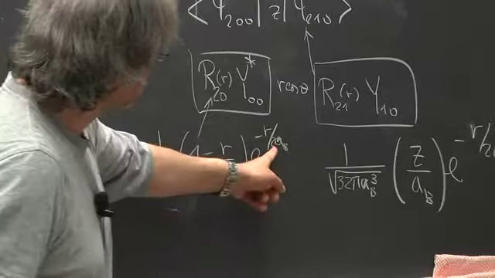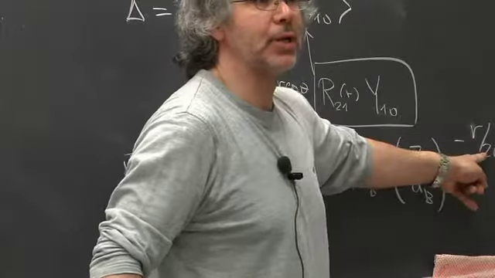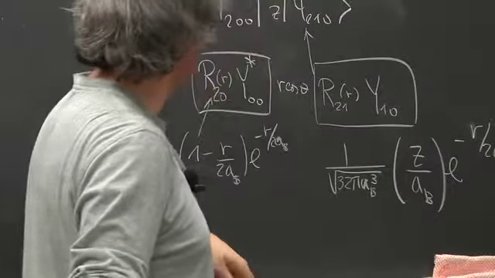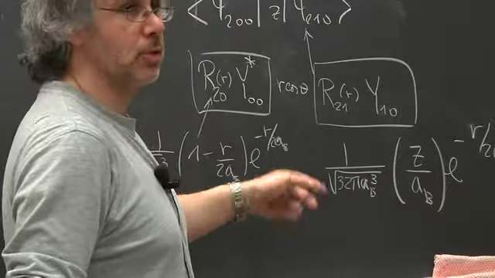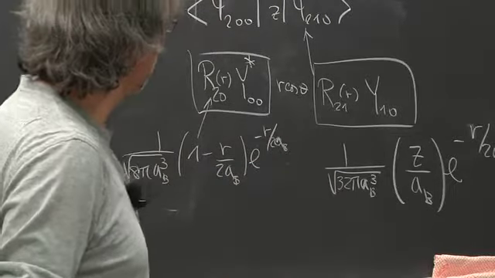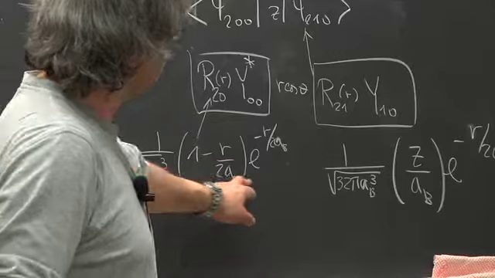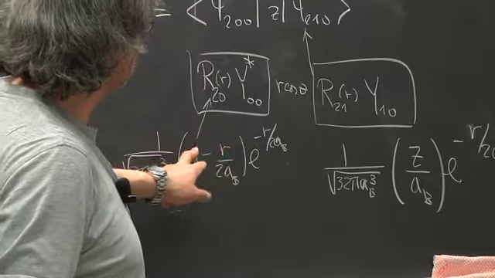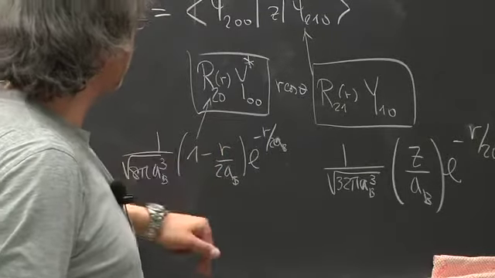Let's see, the 2 here is because we are in the n equal 2 level. Remember, the a Bohr appears because we have used now dimensionful things. This is the 2s radial function.